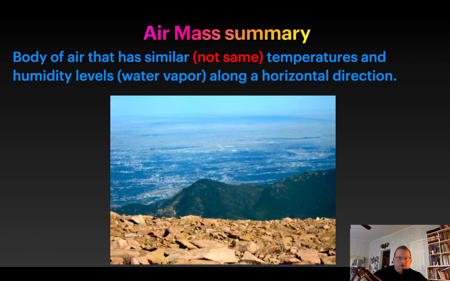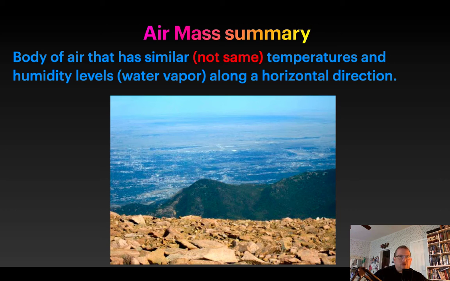So when you're looking at a map and you see mountains, that's going to affect the air mass. If you see water, that's going to affect an air mass. So an air mass over water and an air mass over land can be different. That's why you can stand on the shore at the ocean, and it can be sunny where you're at, but you can look out in the ocean and see a storm out there. That's a different air mass.